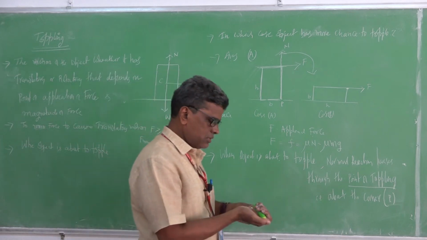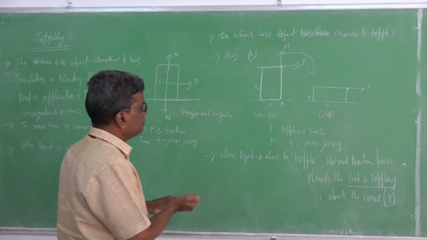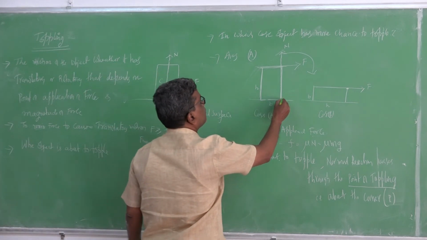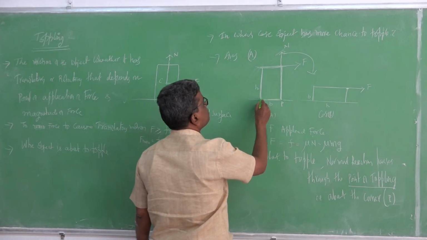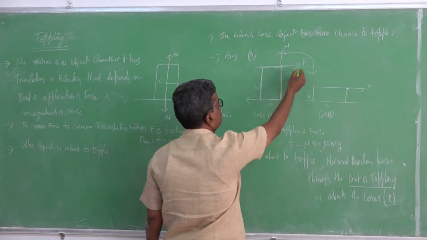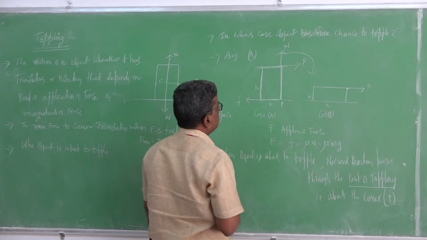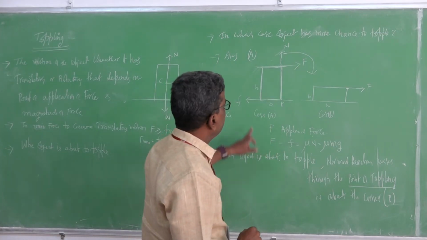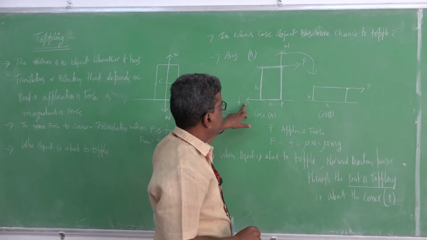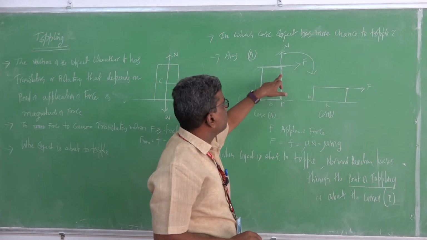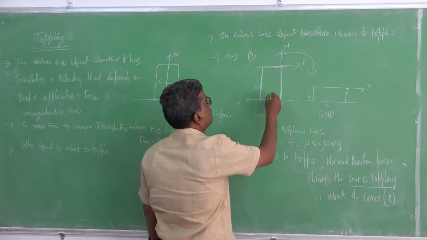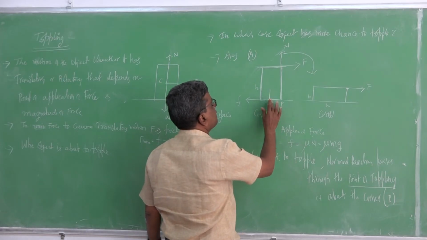Frictional force will act like this, and the applied force like this. These two are balanced, that is, it is in translatory equilibrium because these two forces are balanced. The normal reaction acts like this, and weight always acts vertically downwards.